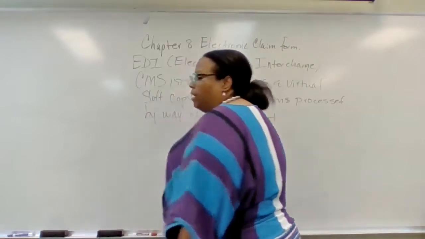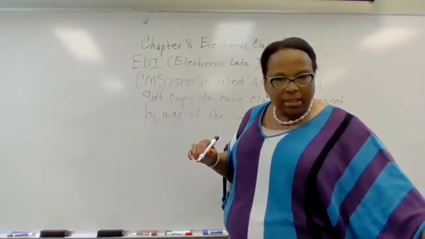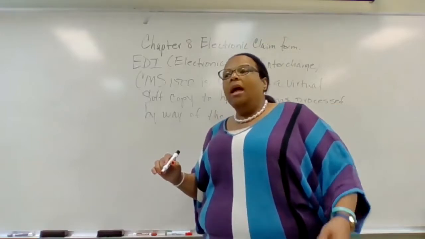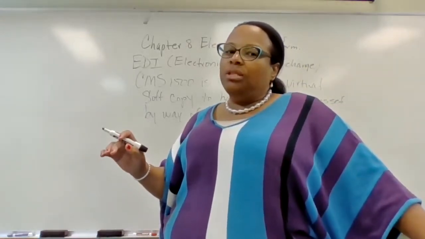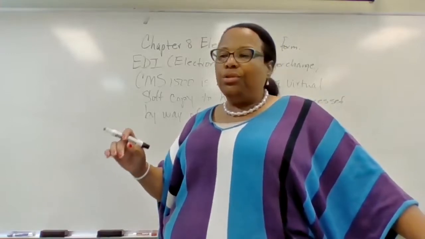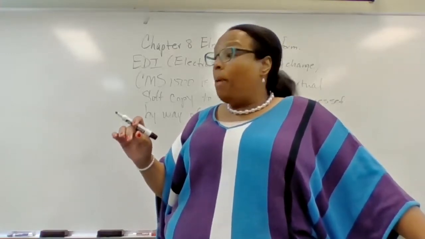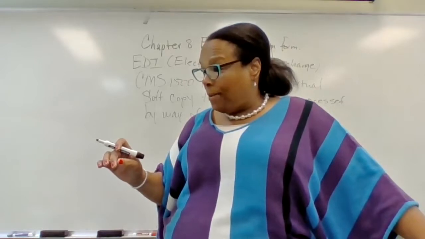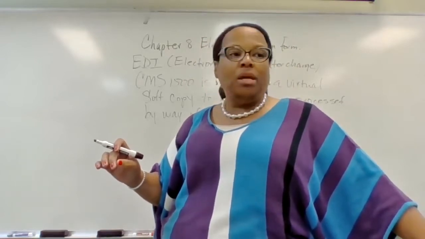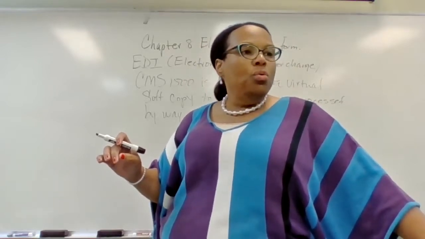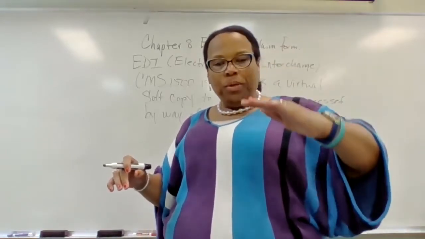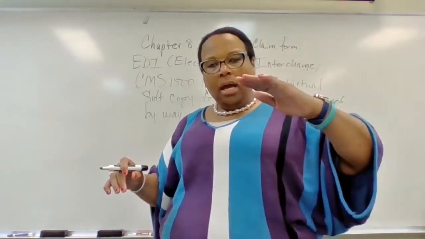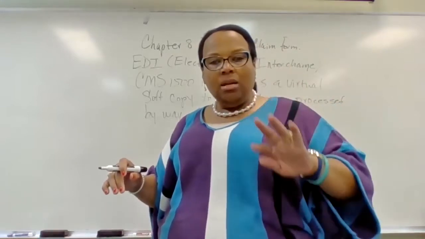Okay? All right. So when it's done like that by way of the internet, that means that there's no longer a need for you to do paper claims, hard copies, if you will. So you put it on there and you're going to see the virtual picture come up and you're going to fill everything in as you need.